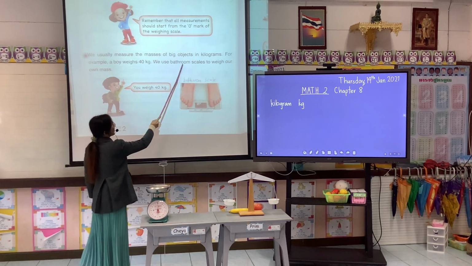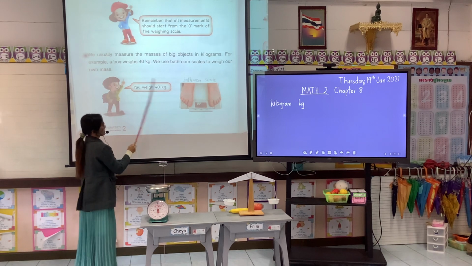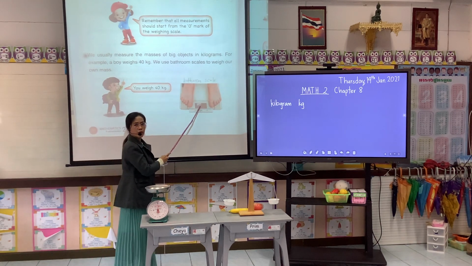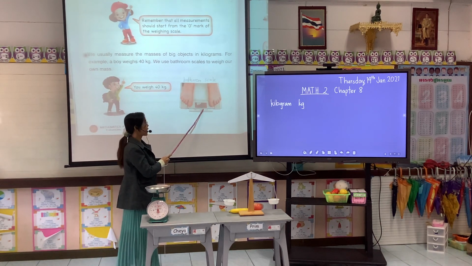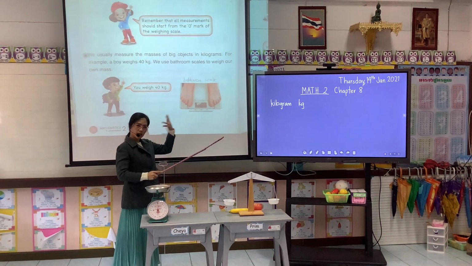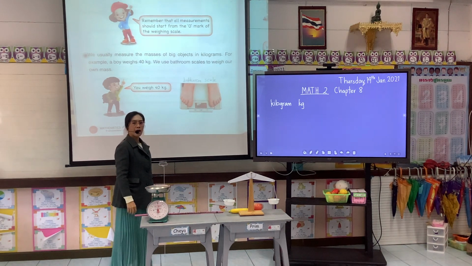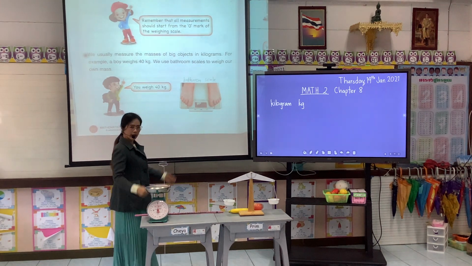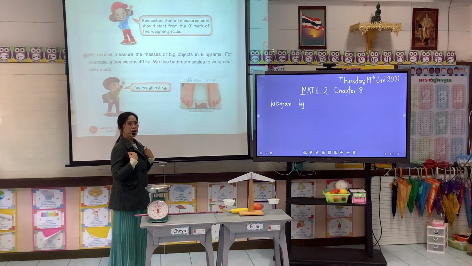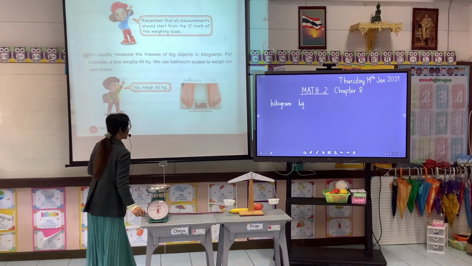We use a bathroom scale to weigh our own mass. Bathroom scale is used to measure our body mass. Just like, how much do you weigh? I weigh 46 kilograms.